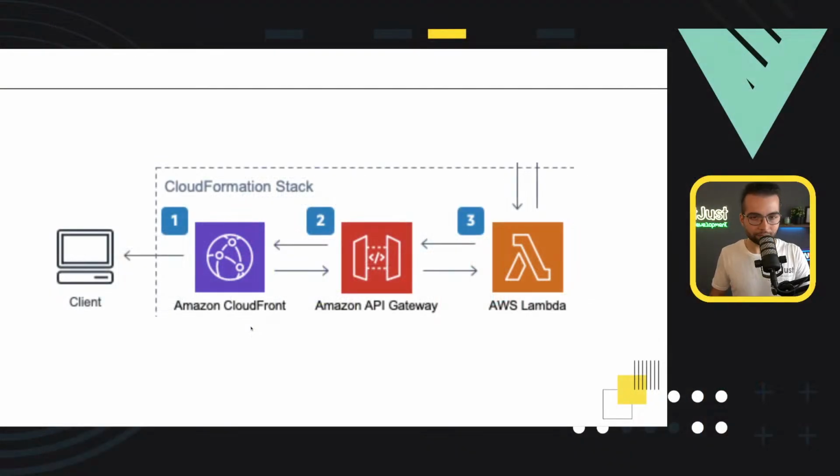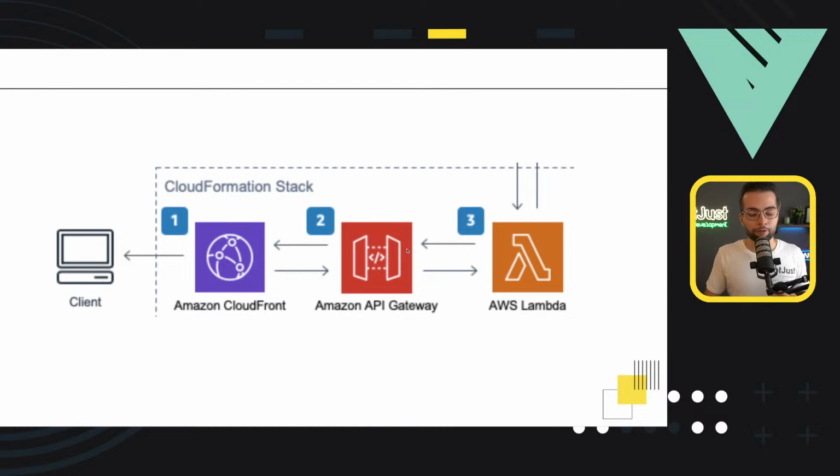So I think I'm going too much into details about these servers. Maybe if you're interested, I can make separate videos about that. But long story short, Amazon CloudFront is a global CDN network that caches our images.